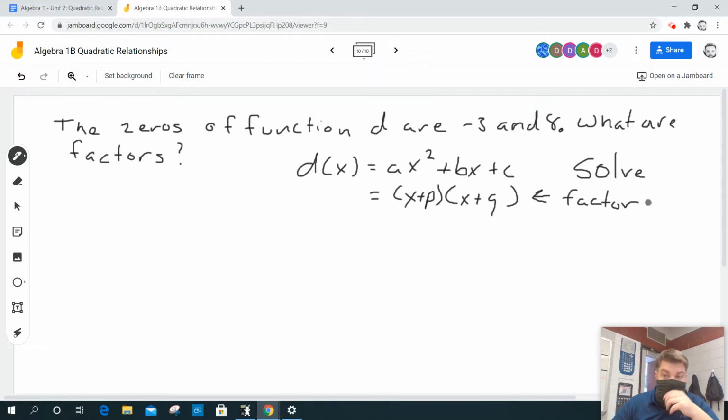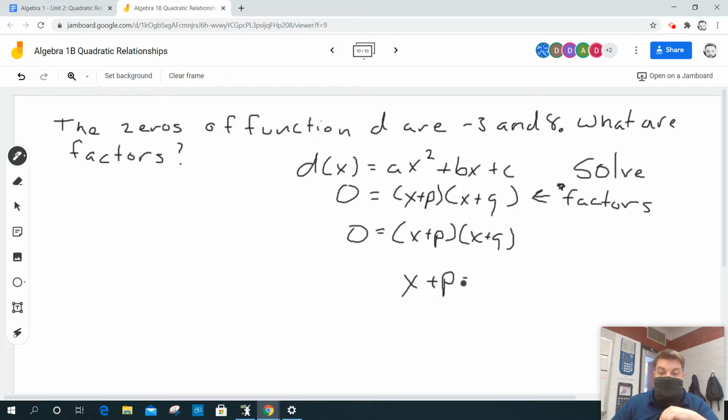Now, if we continue to solve in that process, what we do is we set this equal to 0, and then that means that x plus p has to equal 0, and the quantity x plus q has to equal 0. In other words, x plus p equals 0, and then x plus q equals 0.